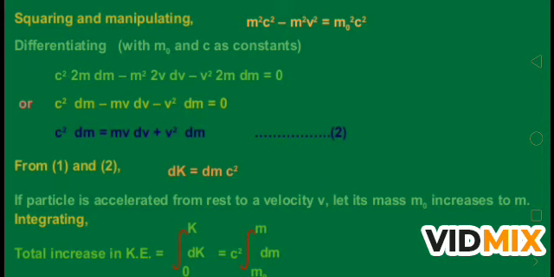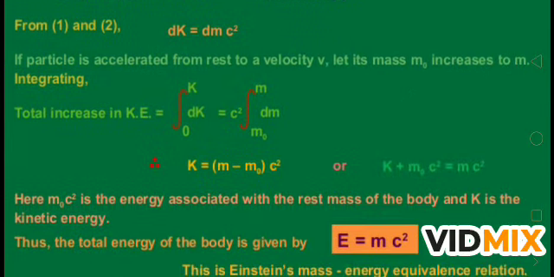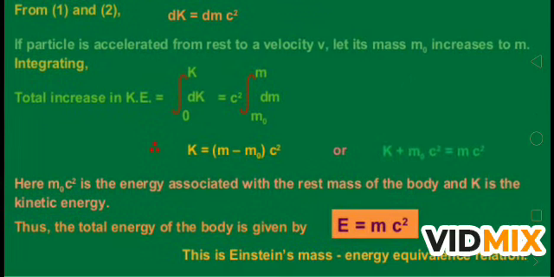Differentiate with m naught and c as a constant, so we will get c square dm is equal to mv dv plus v square dm. And from equation number 1 and 2, you solve this value, you find the relation, and we are getting the total energy of body is mc square, that is E is equal to mc square, and this is the Einstein mass energy equivalent relation.